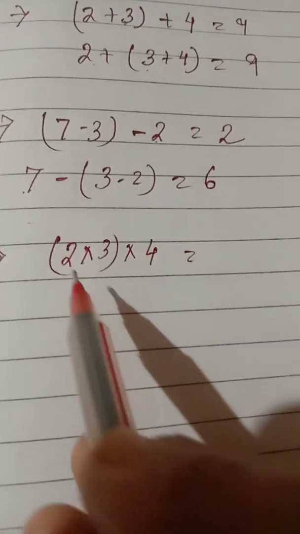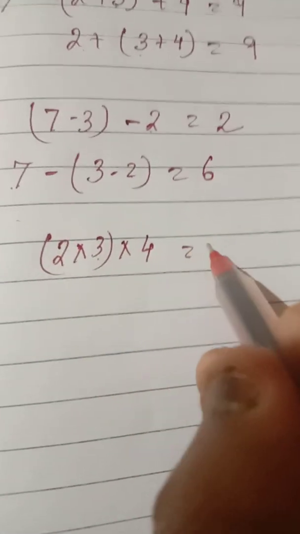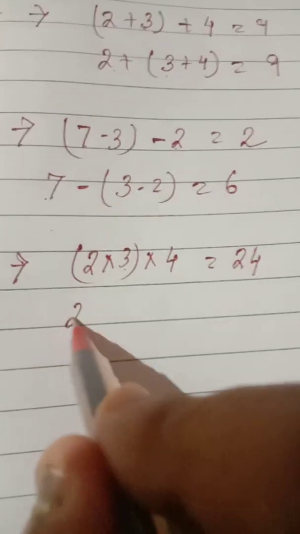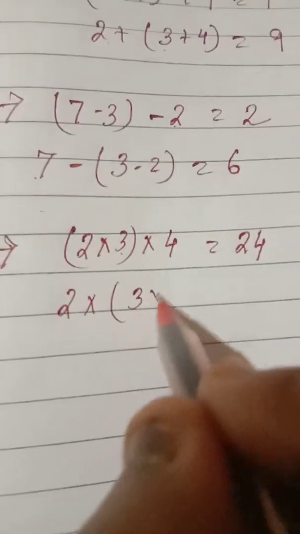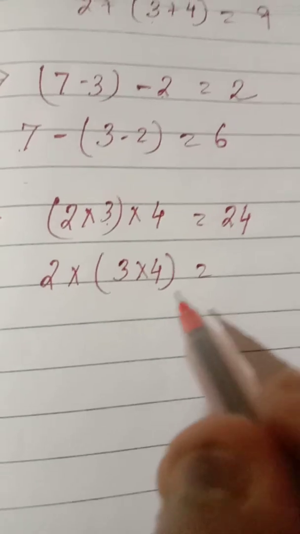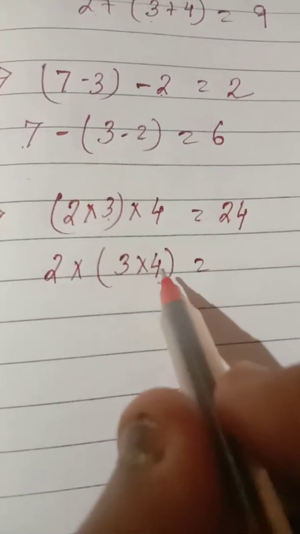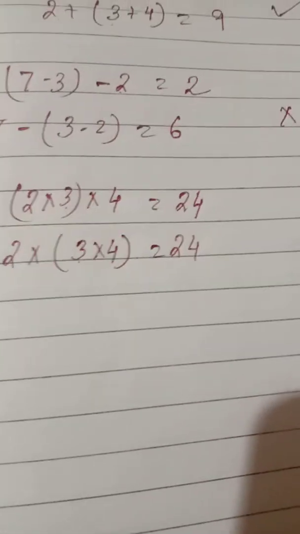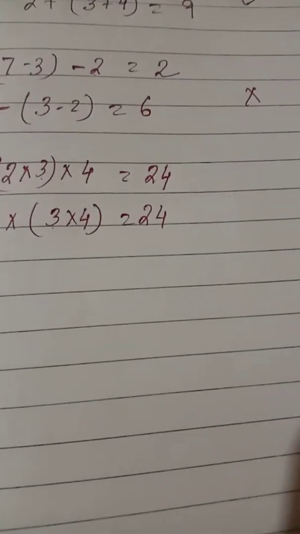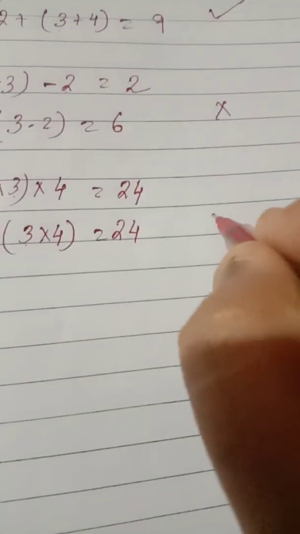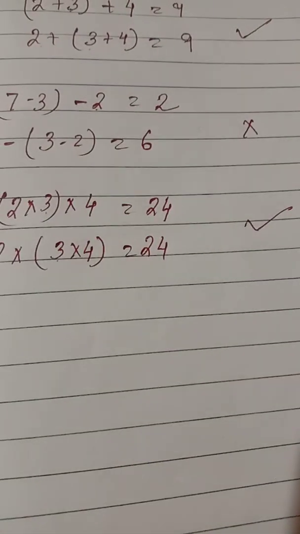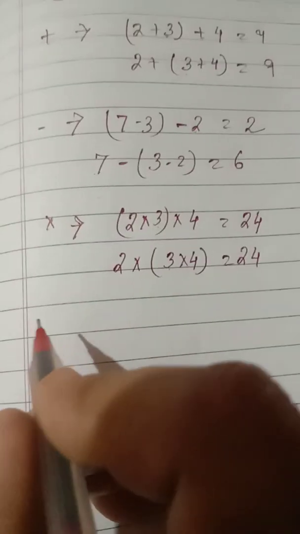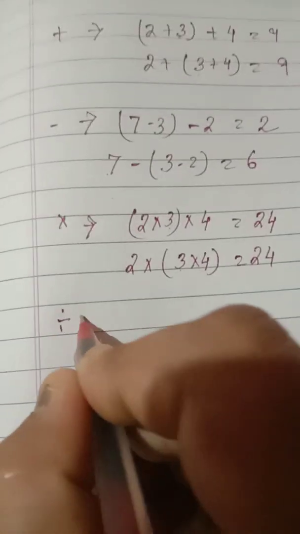Get the answer: 3 2s are 6, 6 4s are 24. But if we write this way, 2 multiply, inside the bracket, 3 multiply 4, that time also we will get 3 4s are 12, 12 into 2, that is 24. Both the cases the answer is the same. That means the associative property is applicable in case of multiplication.